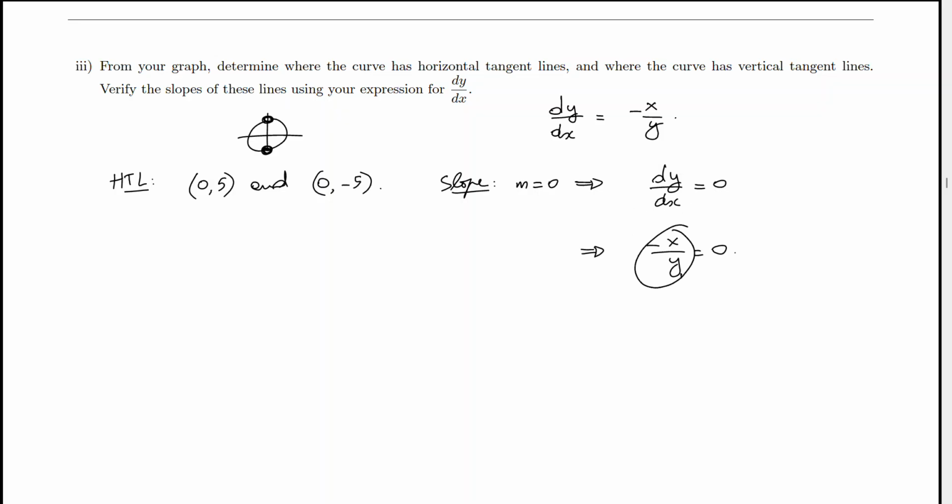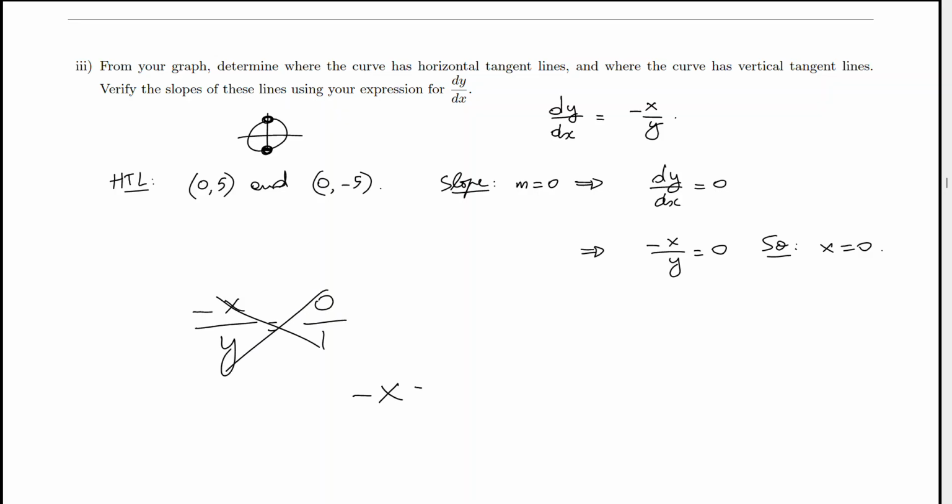Now, this is a circle, and the circle is equal to 0, so there's different ways to think about it, but the bottom line is the numerator has to be 0 for the fraction to give me a 0 at the end. Another way to think about it is I can think like negative x over y equal to 0, and there's always an invisible one there. And I could just cross multiply the numbers.